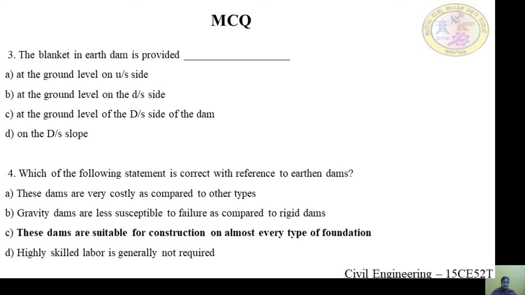The blanketing of an earth dam is provided on the ground level of the upstream side. Which of the following statements is correct with reference to the earthen dam? These dams are suitable for construction on almost every type of foundation.